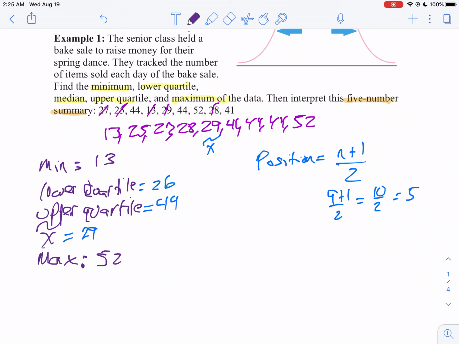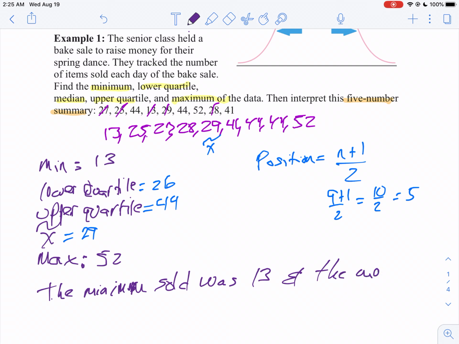The minimum sold was 13, and the max was 52. 29 sales occurred half the time.